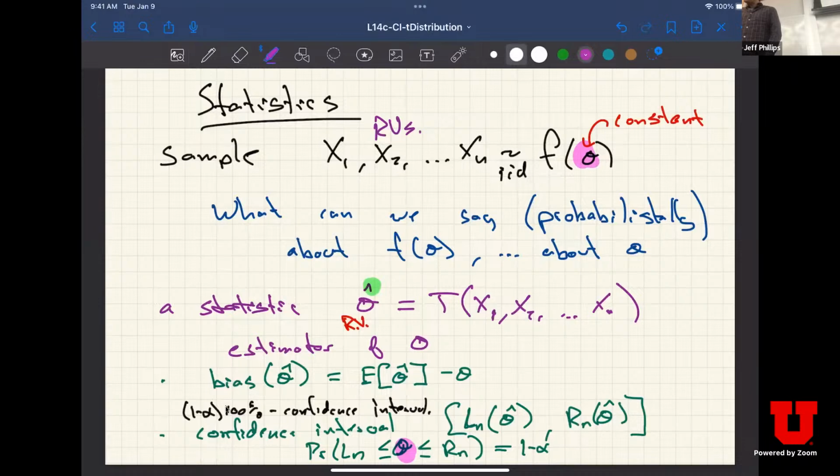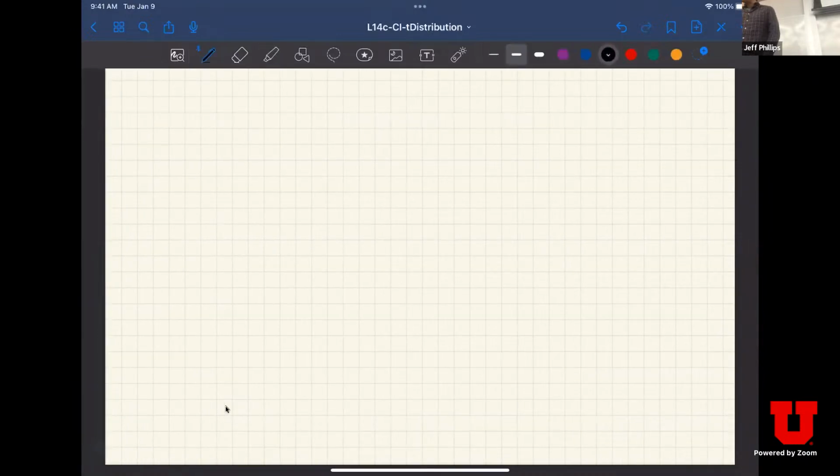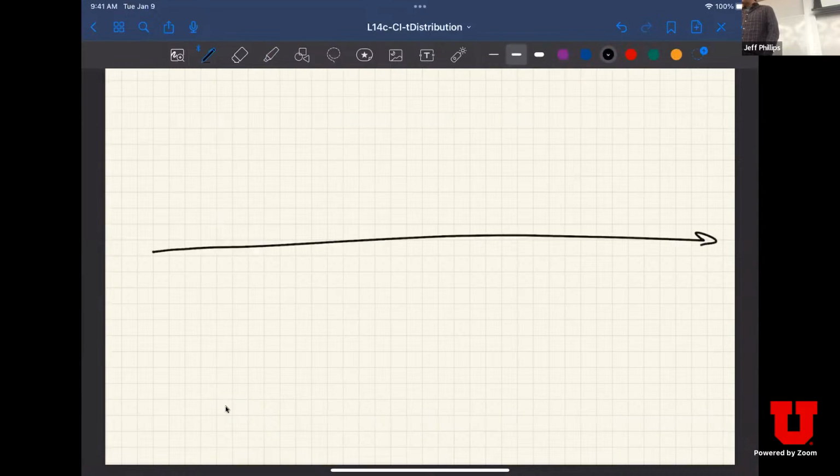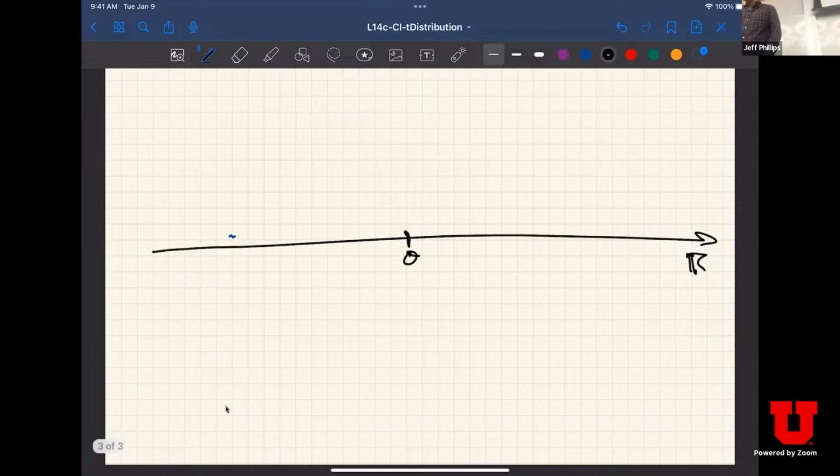Okay, so a picture way of thinking about this is that there's going to be a real line, and there's a true value of theta describing the underlying distribution. And then we're going to draw some samples from this distribution. We don't know what this distribution is, but there might be some distribution here, f of theta.